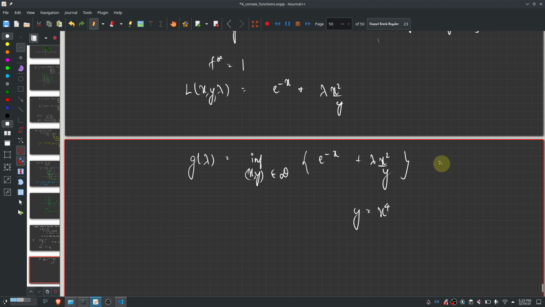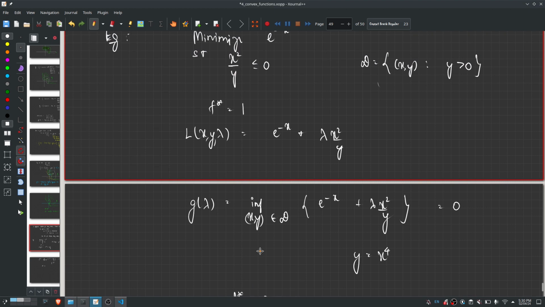So this is in fact equal to 0 for all lambda greater than 0. That's one crucial thing. Lambda should be greater than or equal to 0. So g of lambda is equal to 0 for all lambda. So what is d star? 0. But f star is equal to 1.